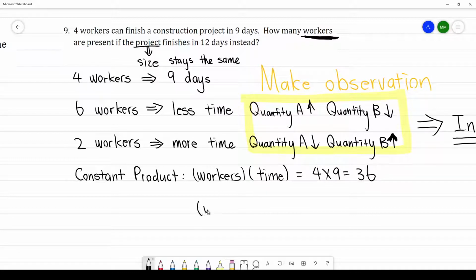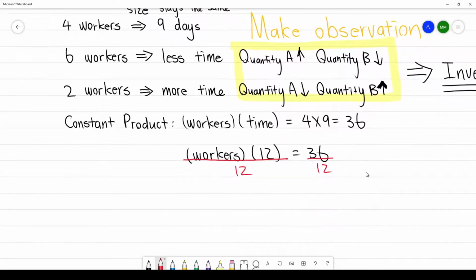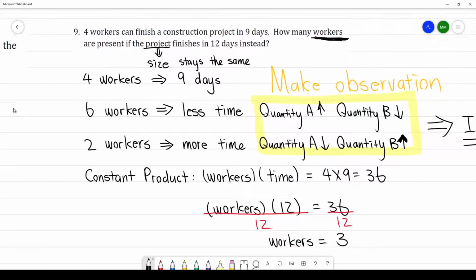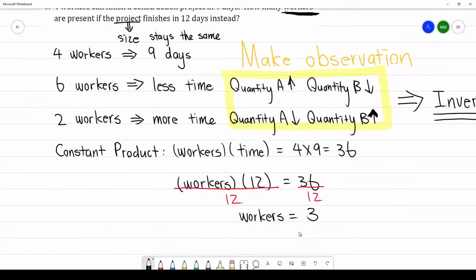Instead of 9 days, now I have 12 days to finish. So times 12 is equal to 36. Now I divide both sides by 12, so the number of workers is equal to 3. Then you have to go back and check if this answer makes sense, right?